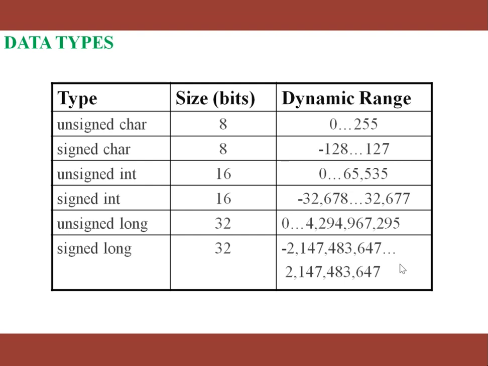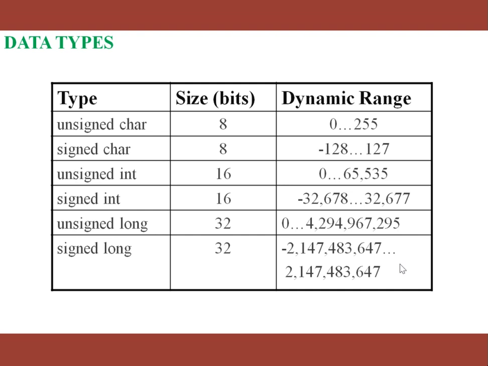The dynamic range also varies. For an unsigned character it is from 0 to 255, which means it can store 256 values in total. Signed characters have the range from -128 to 127. Unsigned integers have the range from 0 to 65,535. Signed integers have a dynamic range from -32,768 to 32,767.